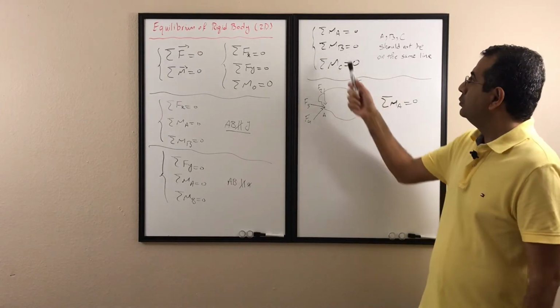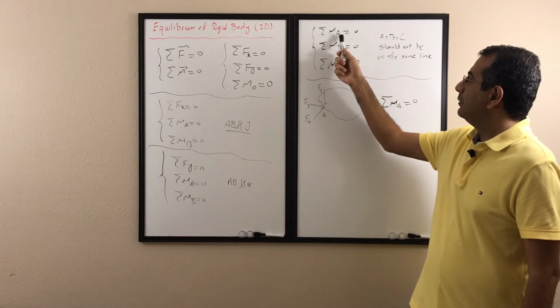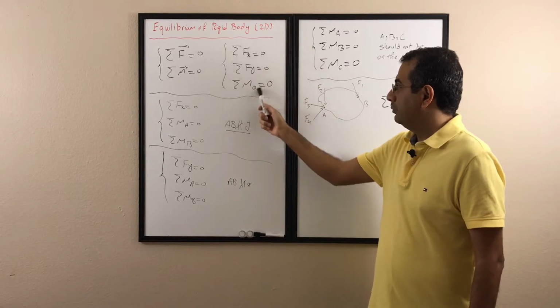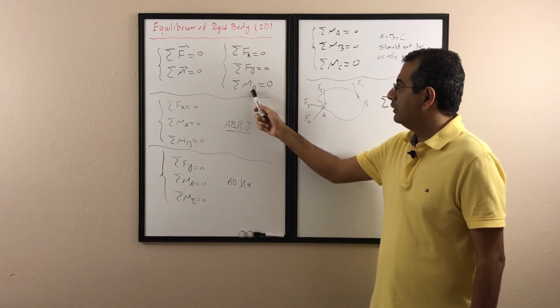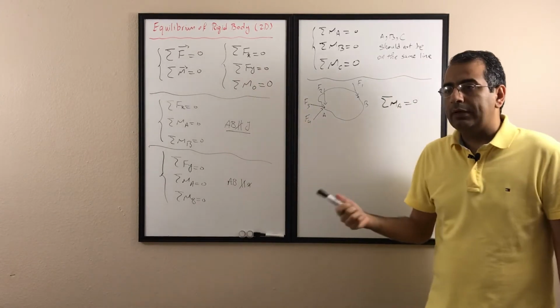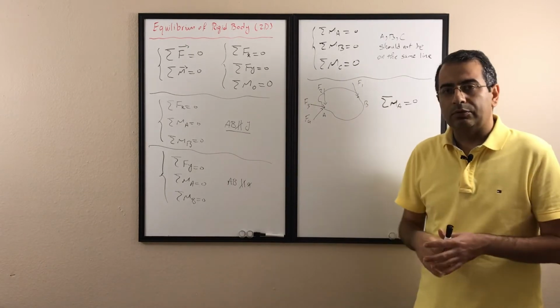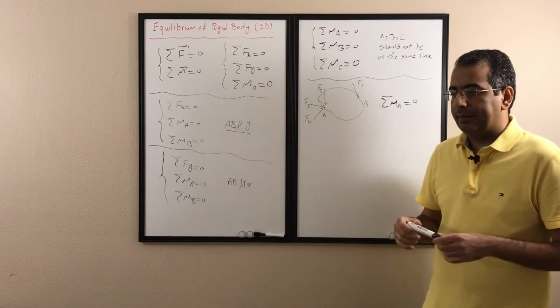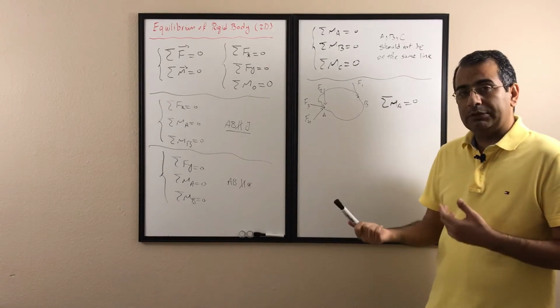So when we want to choose the point that we write the moment about, if I have Fx and Fy, most of the time we choose the point O to eliminate most of the unknowns or most of the forces. So you are going to have a simplified equation to solve.